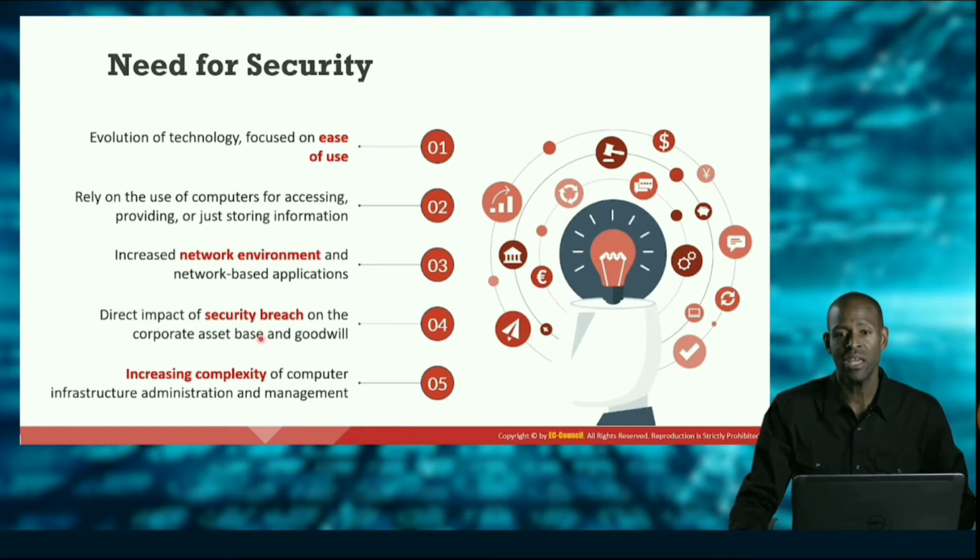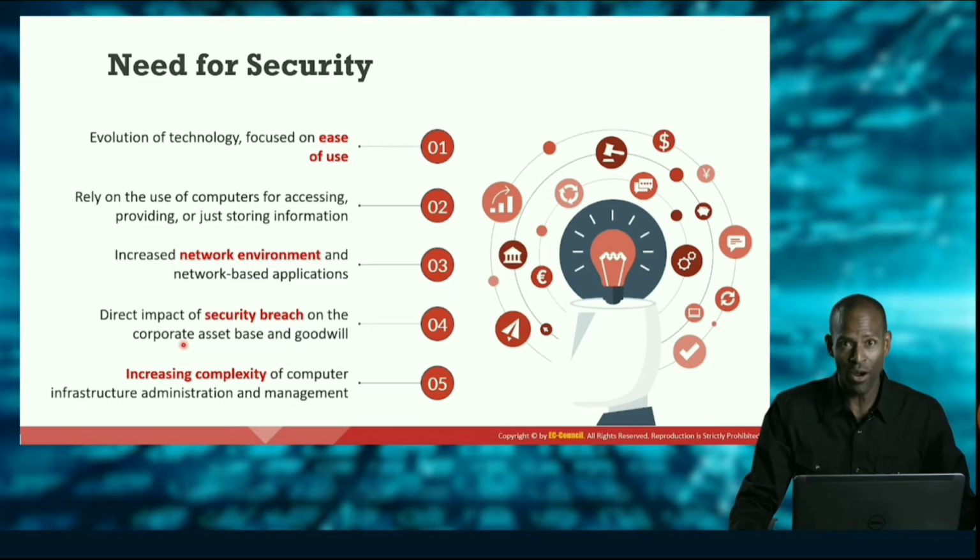Now we look at the impact of security breaches to the corporate, and not just corporate, but let's say to the organization, right? Because maybe you're not a corporation. Maybe you are a family in a house, and one of the family members got hit by some type of attack, or maybe you're a nonprofit organization.